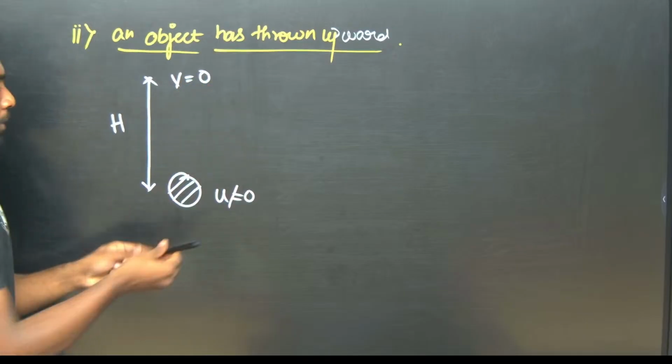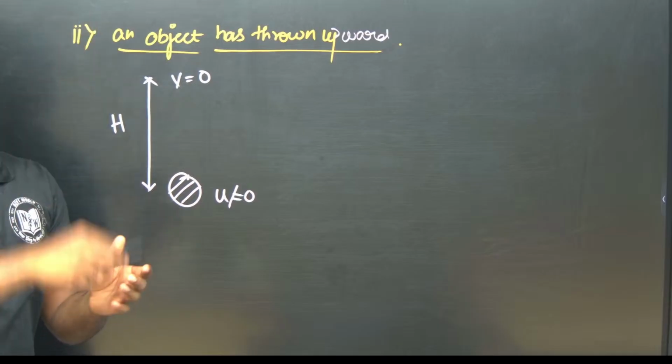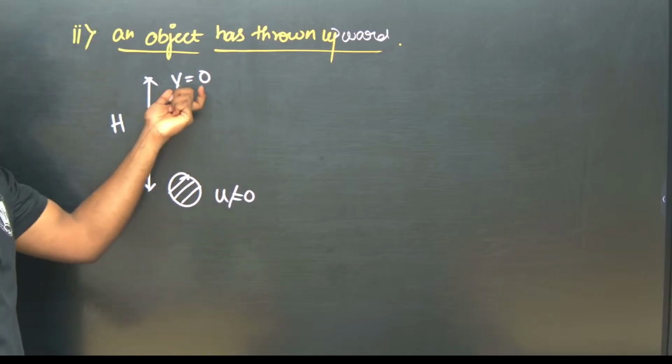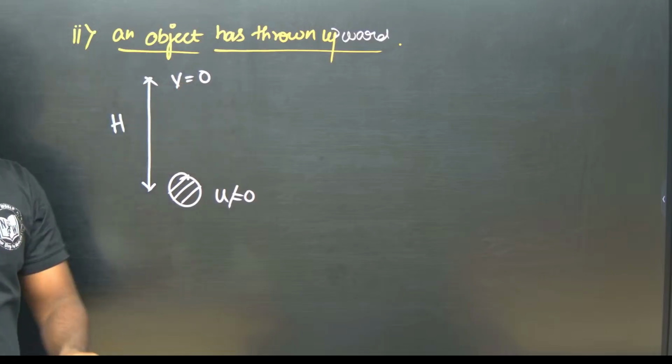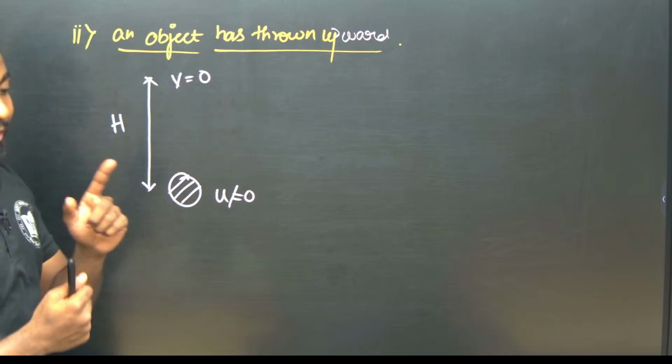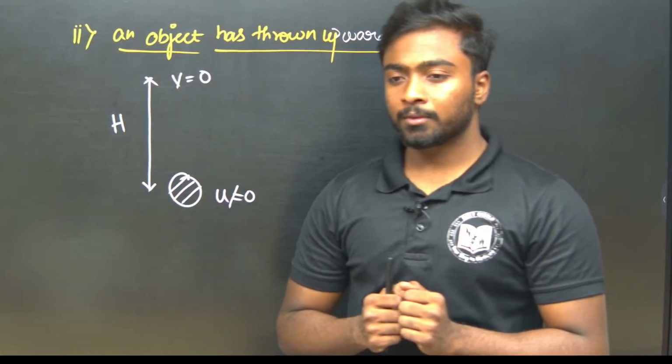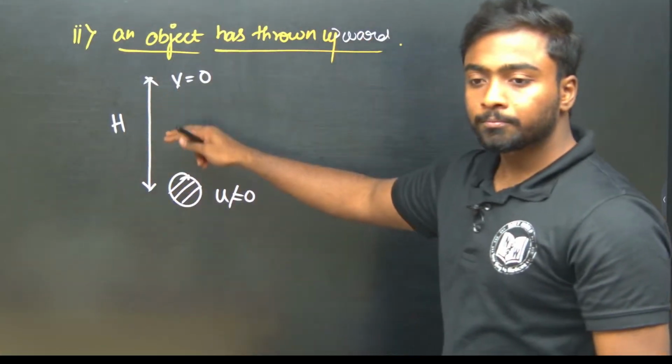After going up, if I throw something, it will go up to a certain height and come down. In this case final velocity will be 0. So what is the direction of acceleration now? Direction of acceleration, it is towards up, no?